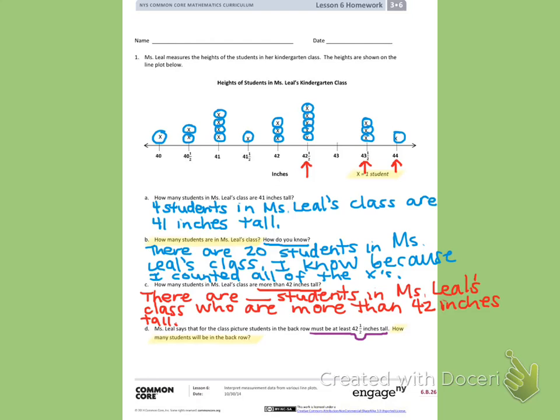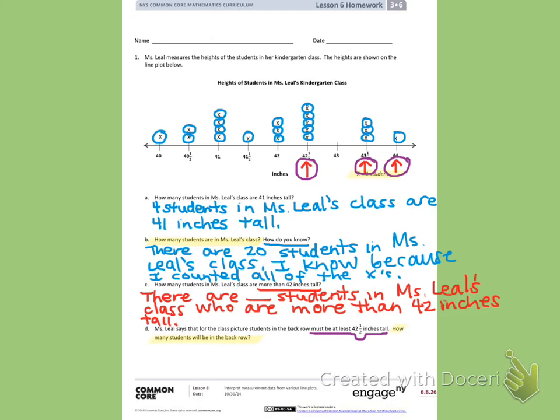Looking at the line plot, I know that 42.5 inches tall is the minimum or the least amount that they must be in order to be in the back row. So I'm going to count those that are 42.5 inches tall, those that are 43.5, and those that are 44. All of those kids will be in the back row.